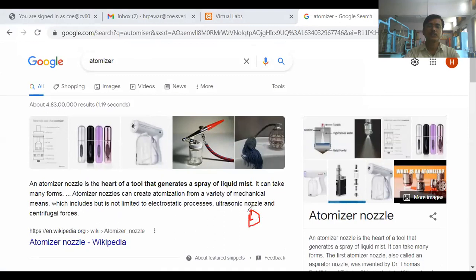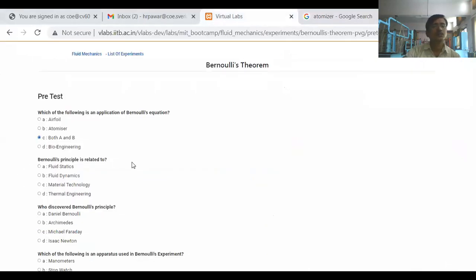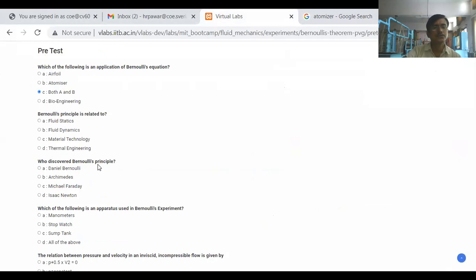In a nozzle we want to increase the velocity of the liquid so that the liquid gets converted into small droplets. The pressure head at section 1 will be more, and the velocity head at this section will be more. This pressure head gets converted into velocity head, so that small droplets can be generated with the help of this atomizer. So option C is the answer for question number 1.